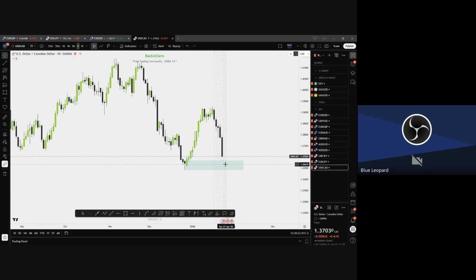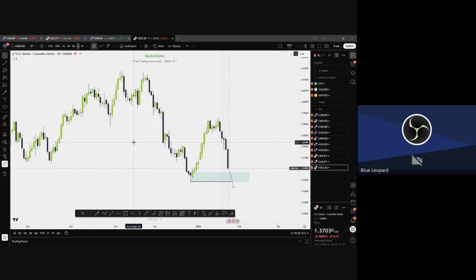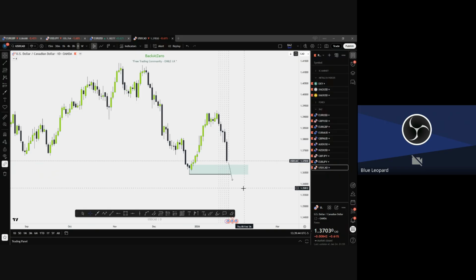And if I see a confirmation reversing here, then I will continue in that direction. But if price comes back, let me show you, comes back here and breaks and closes below it, what do we call this? A break of structure. And what do we expect? We expect price to continue lower.